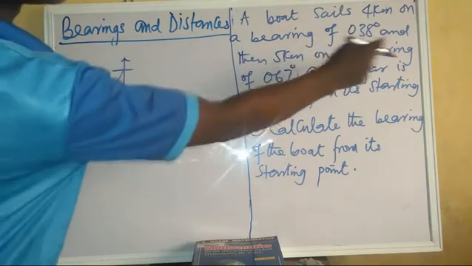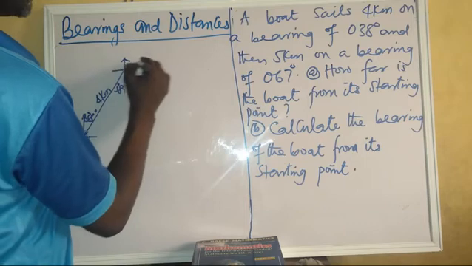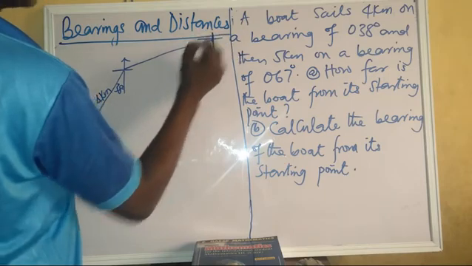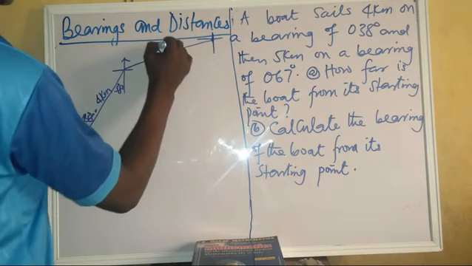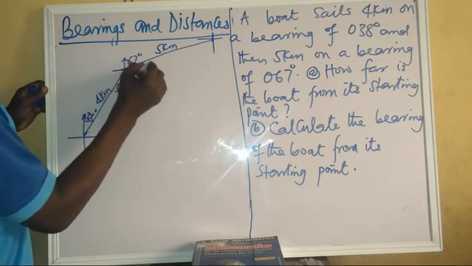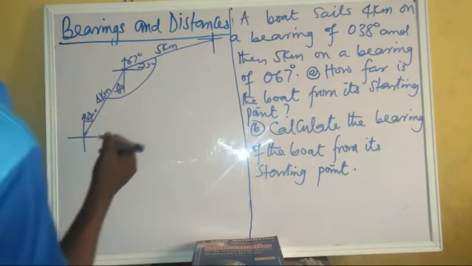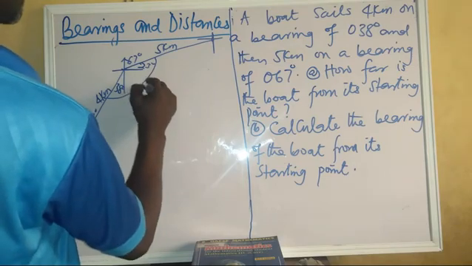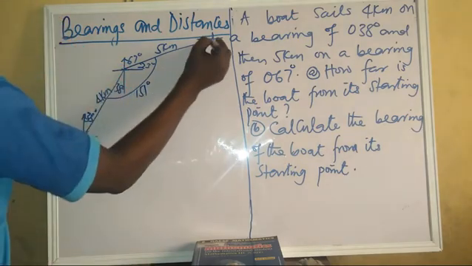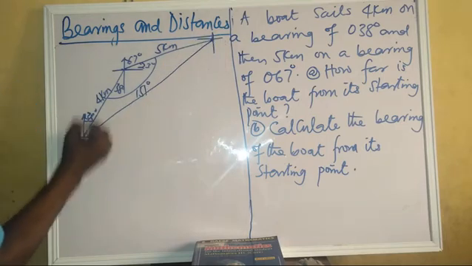And then 5 kilometers on a bearing of 67. Let's assume our 67 goes like this. So, this is 5 kilometers, 67 degrees. So on this we have 23 degrees. So when we add everything together, that will give us 151 degrees. So from there, this is where the boat is, we can now join to the starting point.